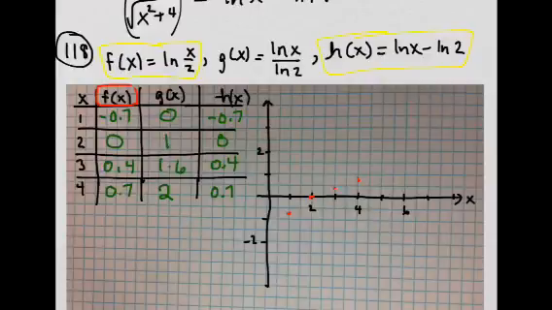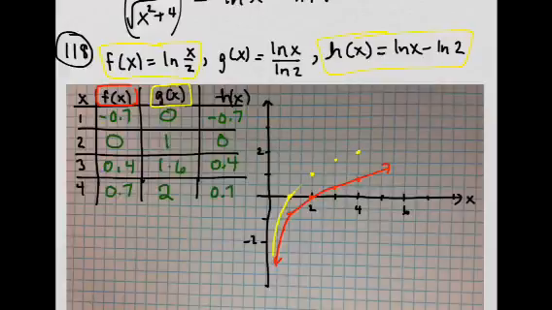Okay, so it goes something like this. Okay, and then we have g of x, which I'll do in yellow. So g of x is 1, 0, 2, 1, 3, 1.6, which is about here, and 4, 2.